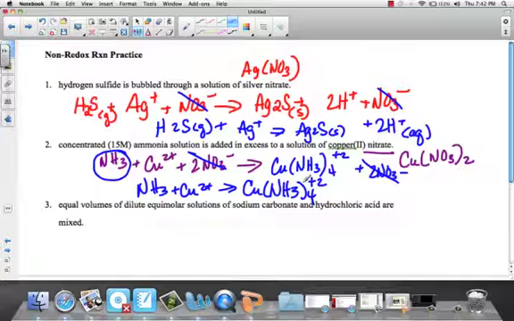Okay, next one. Equal volumes of dilute equimolar solutions of sodium carbonate. So sodium carbonate, I'm just going to write this down over here, Na2CO3, and hydrochloric acid are mixed.